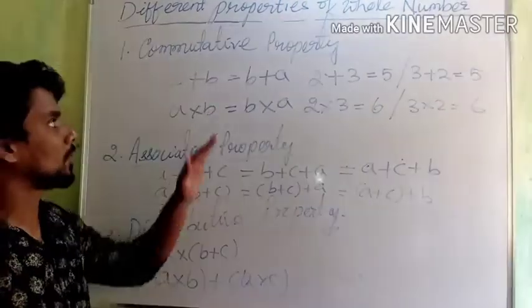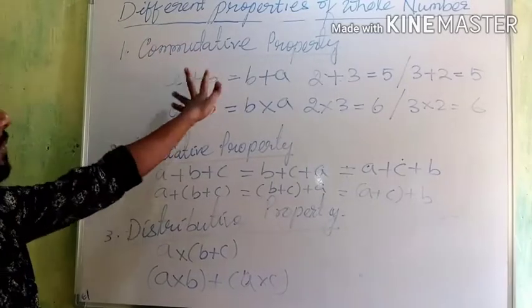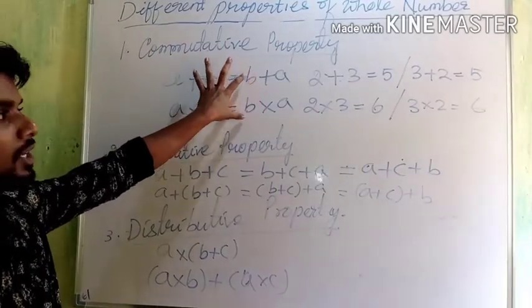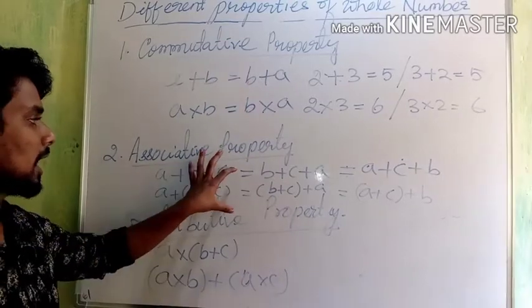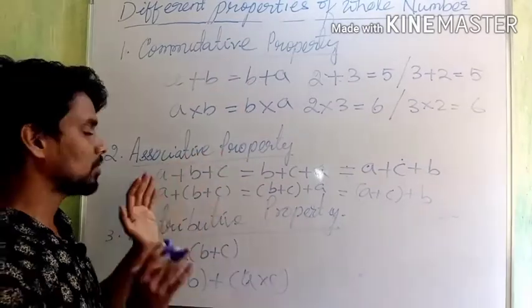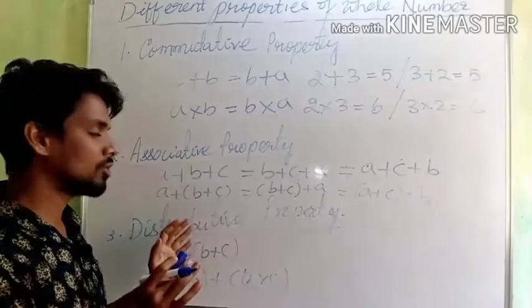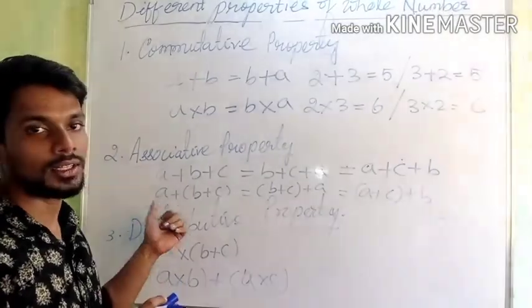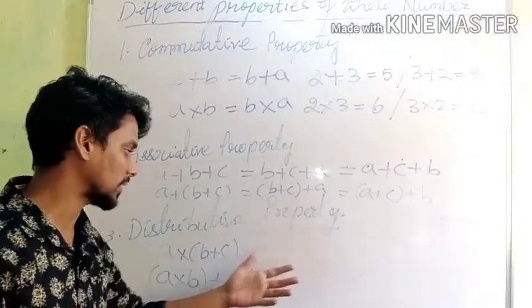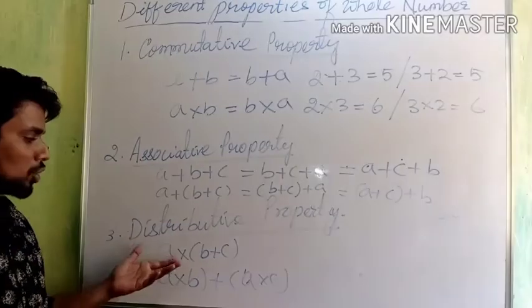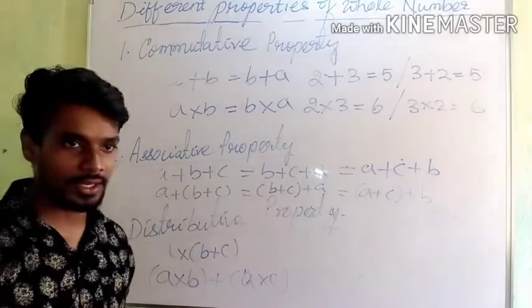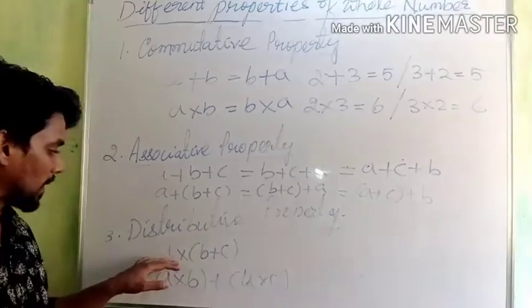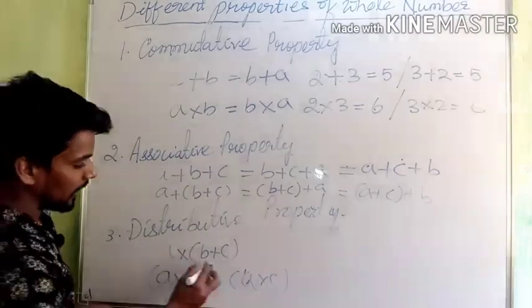In the commutative property, I have changed the places, still I am getting the same answer. In the associative property, I take the first two values, then add the third value, and I get the same answer. And the third property, the distributive property, is where a is multiplied with each number of the addition.